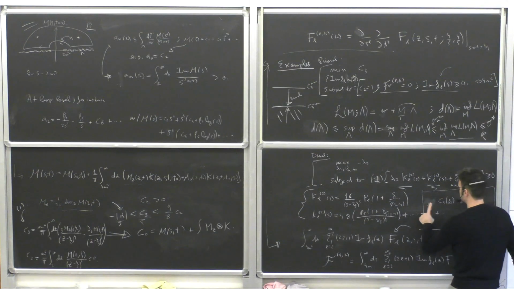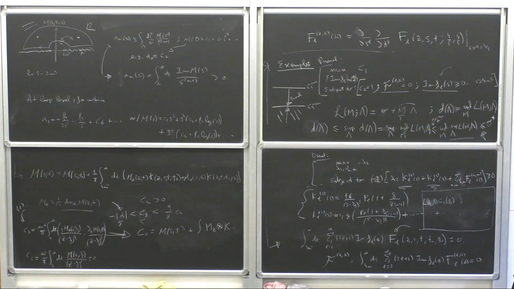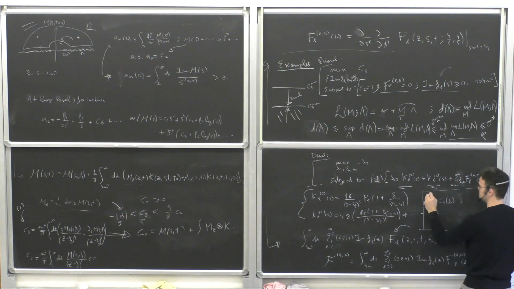Plus, and let me write this problem as a function of f_L and lambdas, the Lagrangian, where lambda is a short notation for lambda 2 and nu n,m's, okay?